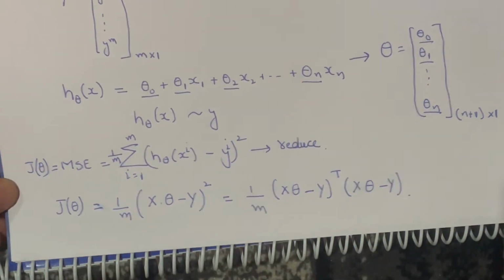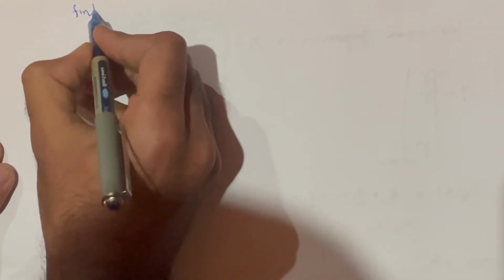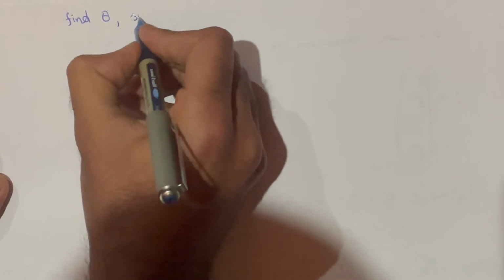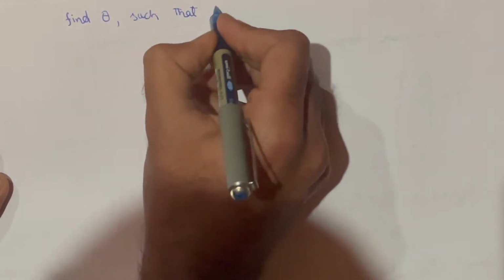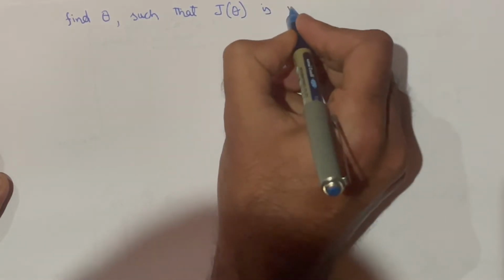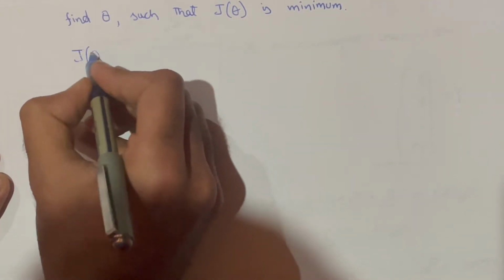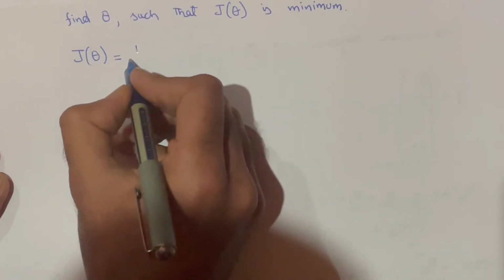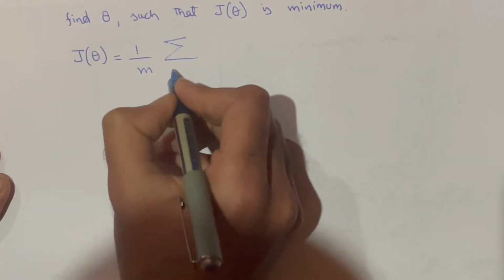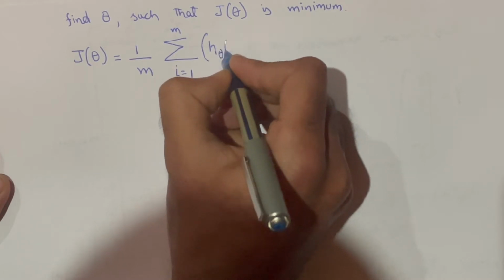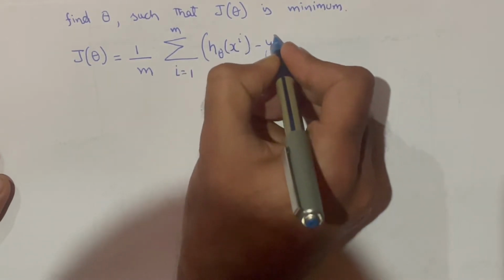Now our aim is to find theta such that J of theta is minimum, or I can write J of theta is equal to 1 by m, summation i running from 1 to m, h of theta xi minus yi, whole square.